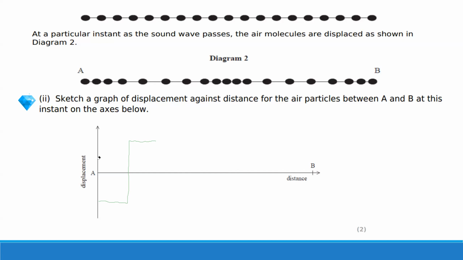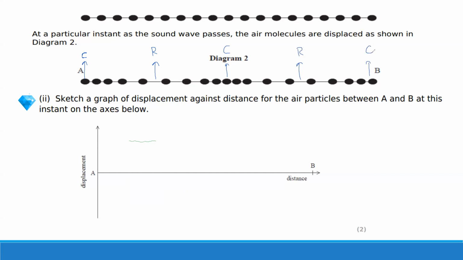Okay, I want to give you all a hint. This is the compression. This is a rarefaction. This is a compression. This is a rarefaction, and this is a compression, right?